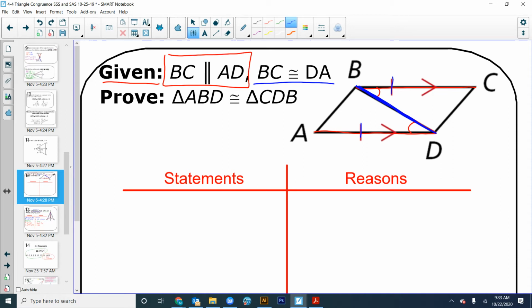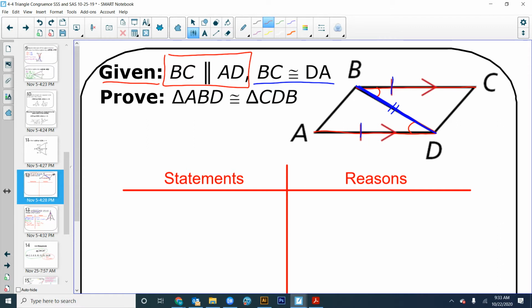Oh, that's the reflexive property. Pinky to pinky or pinky to palm? They're swapped, aren't they? So we're going to have to be careful when we name them. So we're well on our way to finishing this proof because we have just labeled all 3 parts of information we need. All right, let's go ahead and start writing it down.